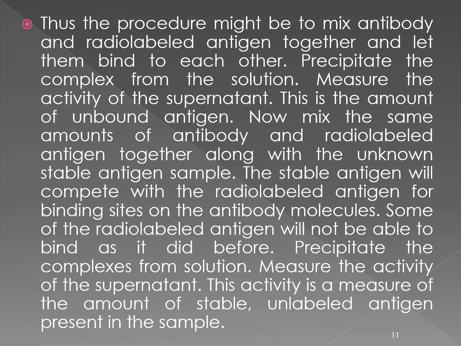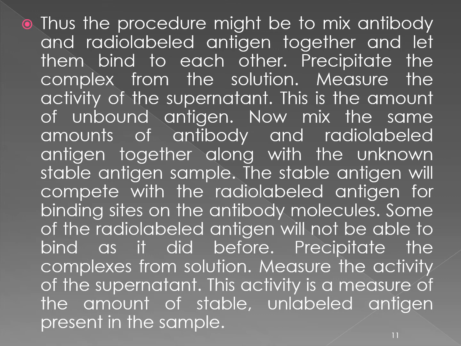So basically we have divided this procedure into two steps. In the first step, we used only antibody and radio labeled antigen together, in which we allowed them to mix and bind with each other, and then their activity is checked, and that activity is the measure of the amount of unbound antigen present.